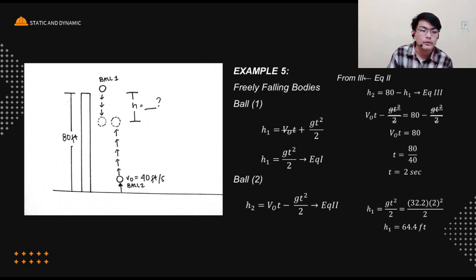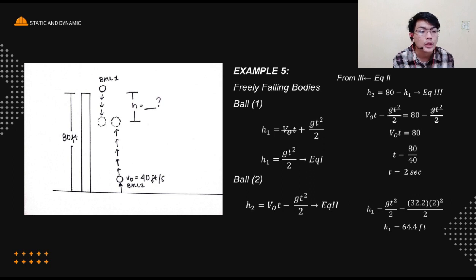Now, let's solve this. We have our initial velocity multiplied by time minus gt squared over 2 equals 80 minus gt squared over 2. You see that we use the formula right here, which is 80.